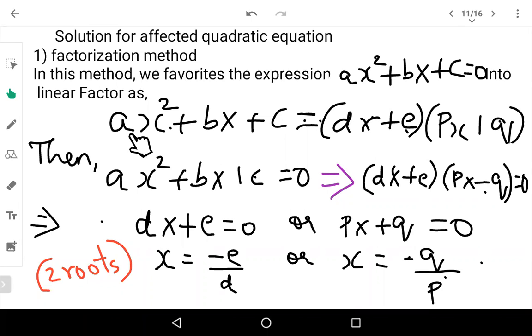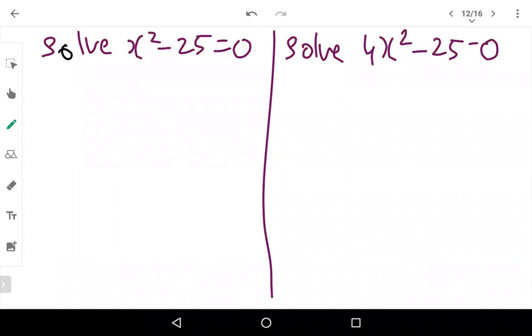We have ax square plus bx plus c, and you have two factors of the equation, that is dx plus e and px plus q is equal to 0. This is better understood when we do the problem directly. So we'll do the problem first and then come back to this expression and understand how we got this. Fine, so let us go to the problem directly.